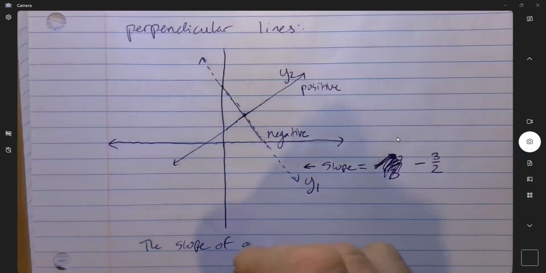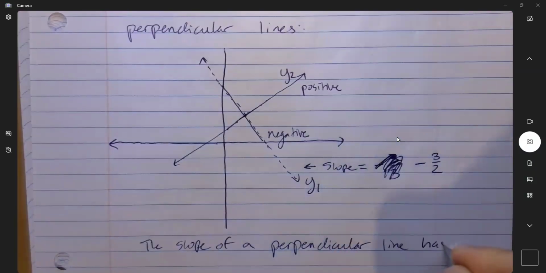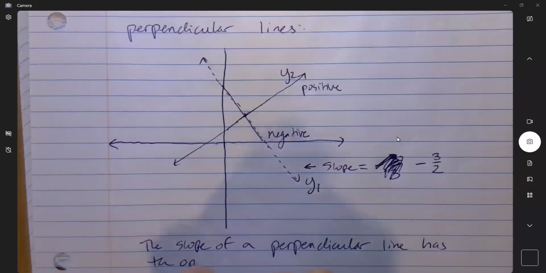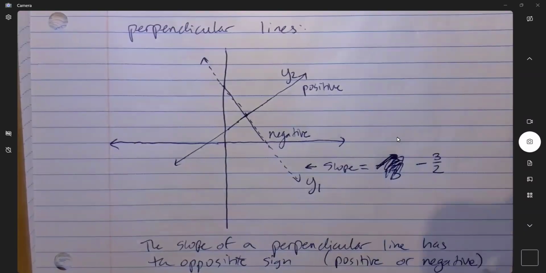The slope of a perpendicular line has the opposite sign, positive or negative.